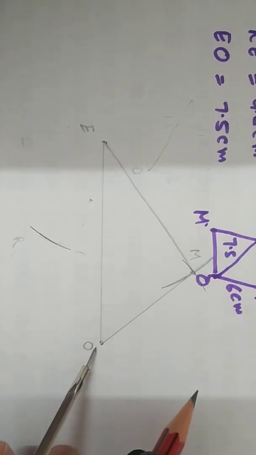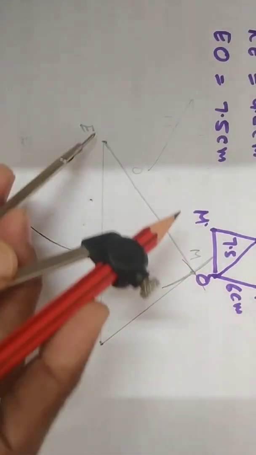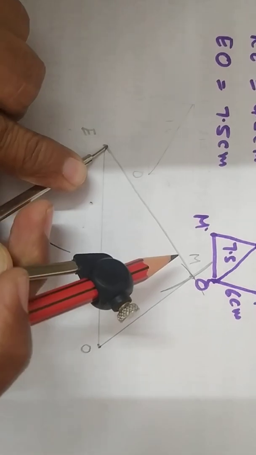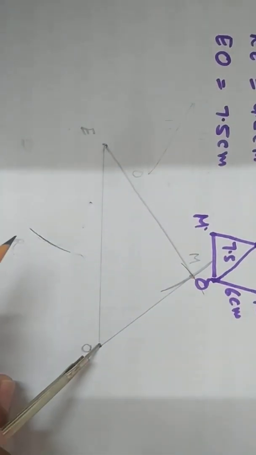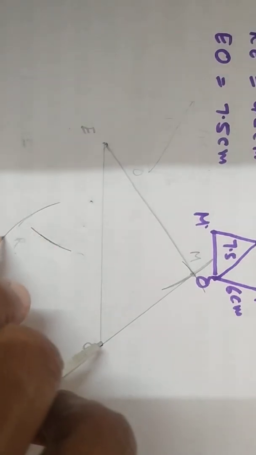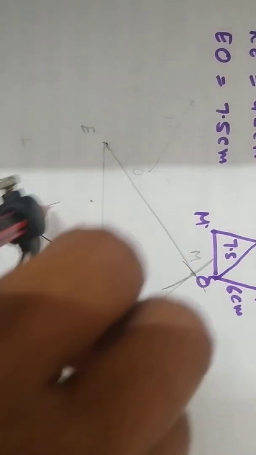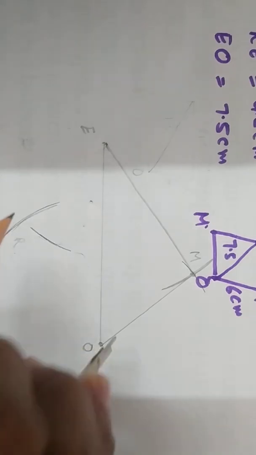Now RO is 6 centimeters. So take 6 centimeter length and from O mark an arc of 6 centimeter so that it intersects the previous arc.